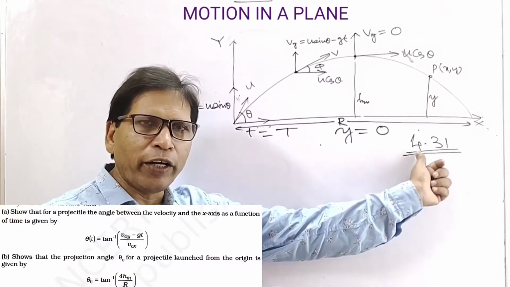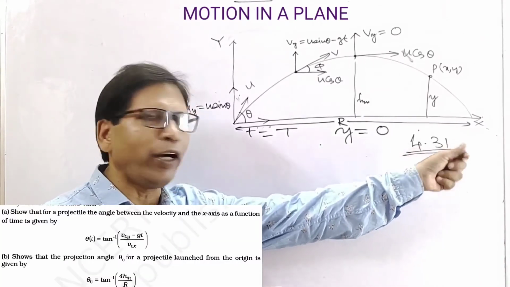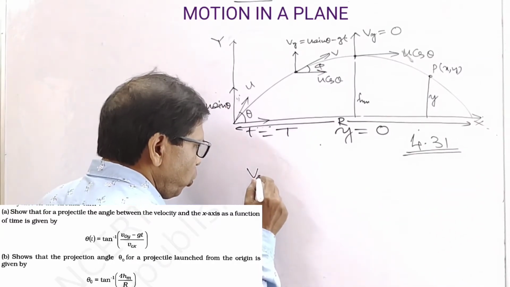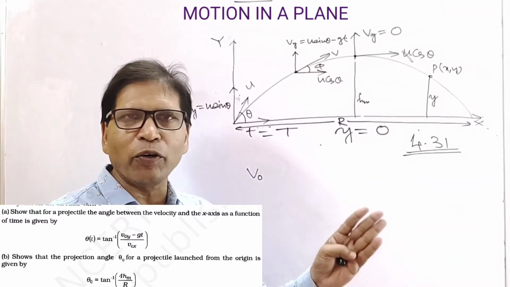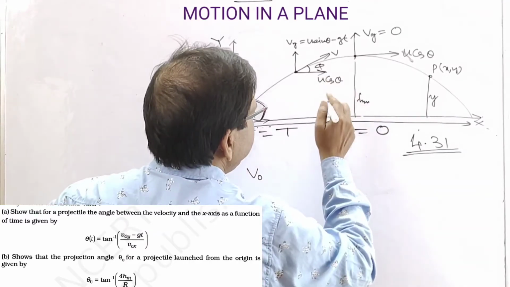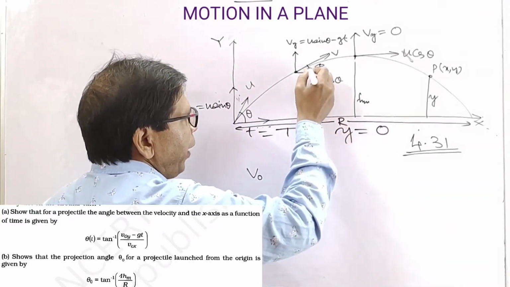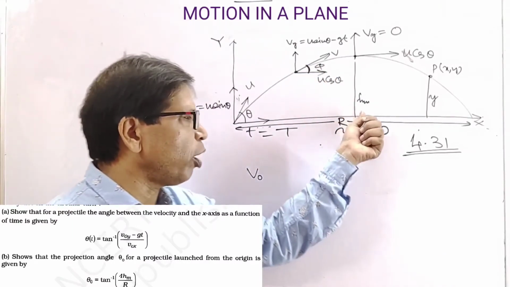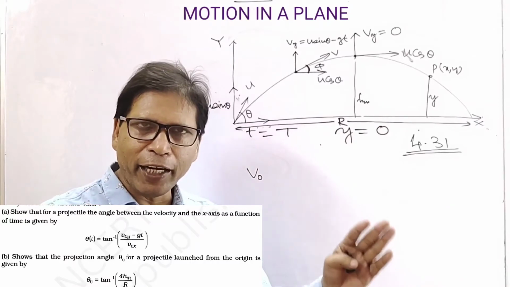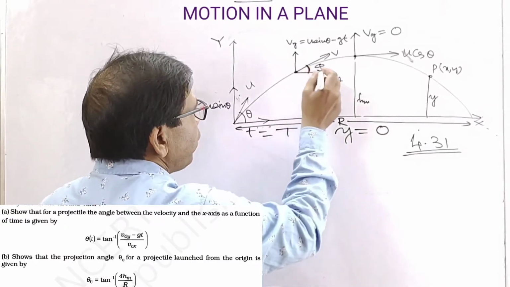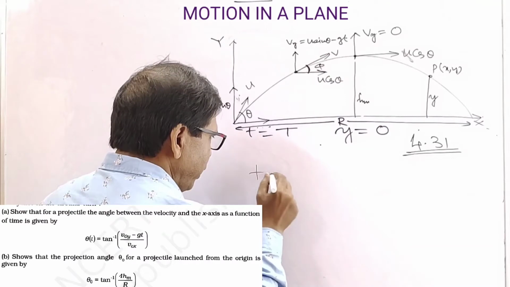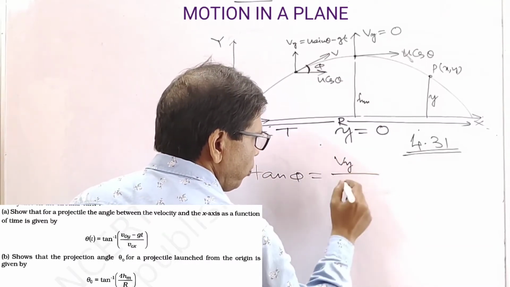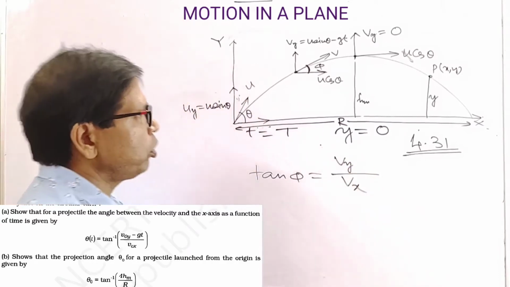Now, NCERT numerical 4.31. A particle is projected with velocity v0 at an angle theta with the horizontal. After time t, the velocity vector makes an angle phi. We have to calculate the angle in terms of maximum vertical height and horizontal range. At this point tan phi is the vertical component of velocity by the horizontal component of velocity.